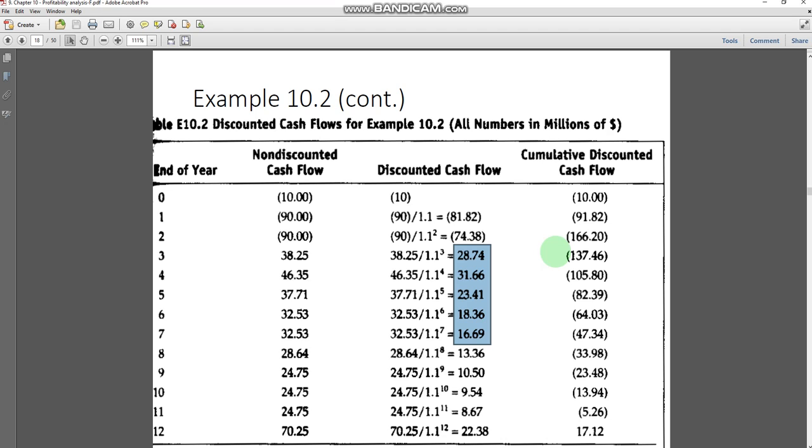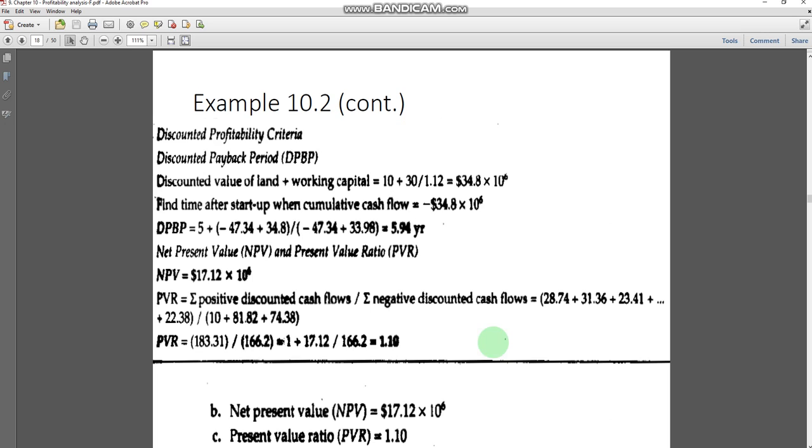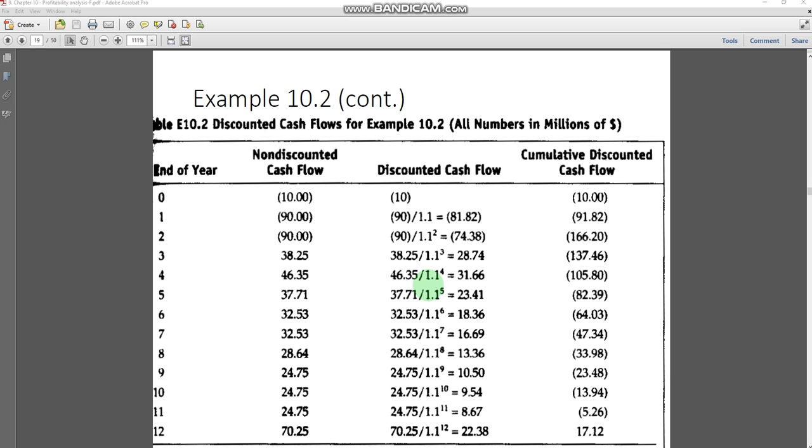Okay, now the same formula that we used in example 10.1, we have to follow that procedure again here. These are the number of years, 1 2 3 4 5, so 5 years would be there, and for the rest of the years we have to interpolate. So here, 5 plus, then we are provided with the working capital that we have, and then we have to add this one minus 47.34, which represents the number you can see here during the interpolation.